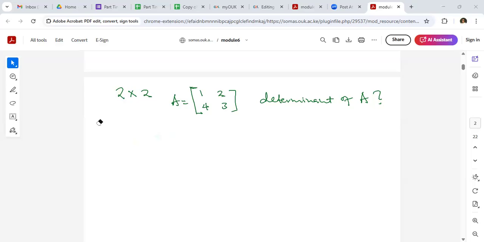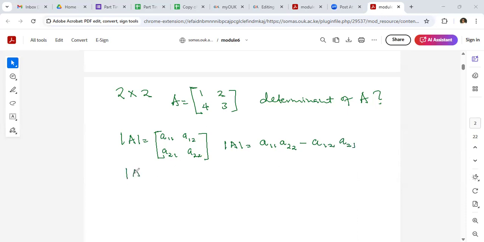What if you were to find the determinant of a 3 by 3 matrix? Yeah, let's chew the baby food first, then we'll go to the hard food. Take the matrix with entries A11, A12, A21, A22. So to find the determinant of a 2 by 2 matrix, the determinant would be the product of the entries in the main diagonal minus the product of the entries in the secondary diagonal.